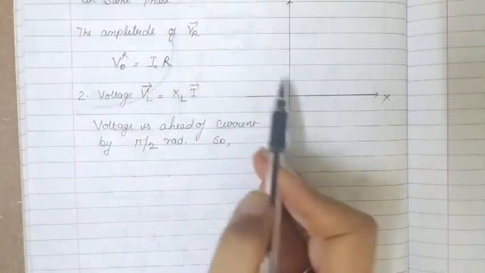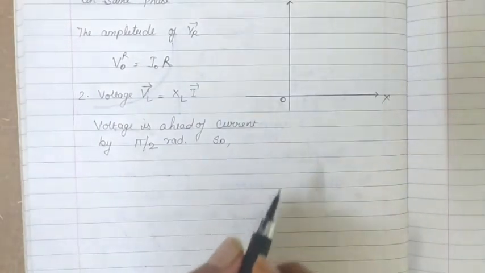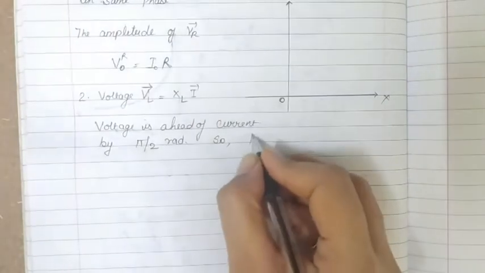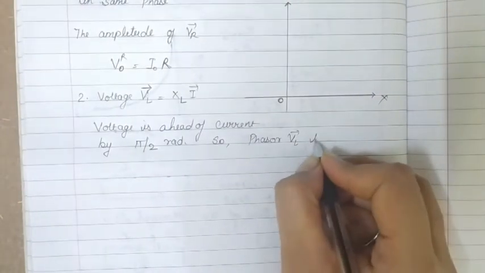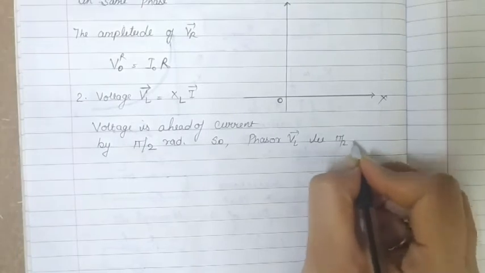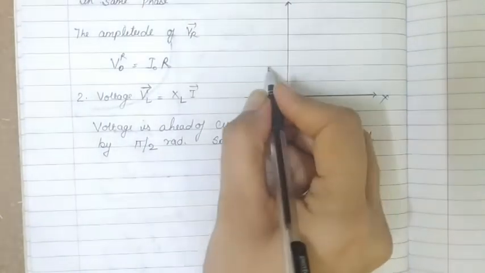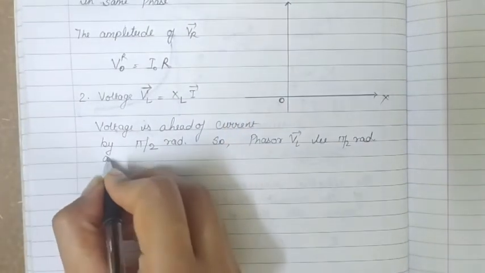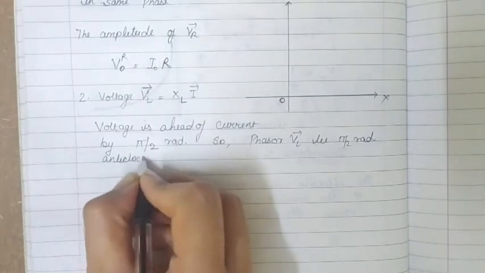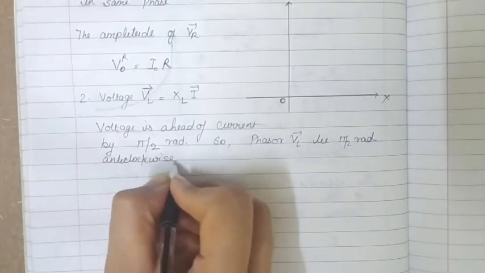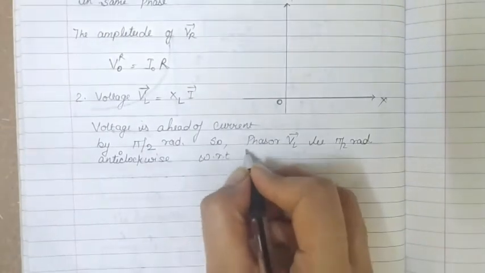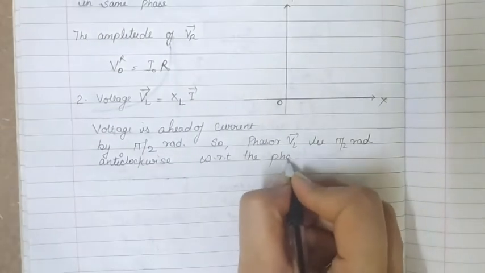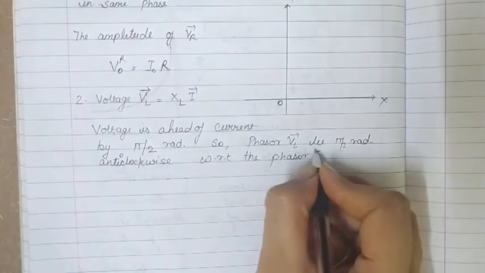Whenever we plot the phasor diagram, we have to keep in mind that the phasor VL vector lies pi by 2 radians anti-clockwise, meaning ahead, with respect to the phasor of current, that is the phasor I vector.